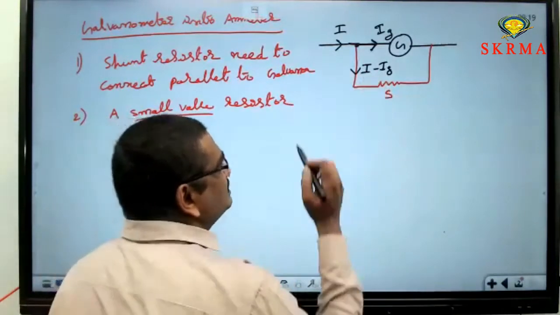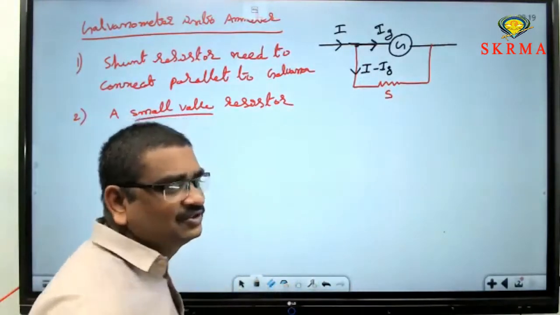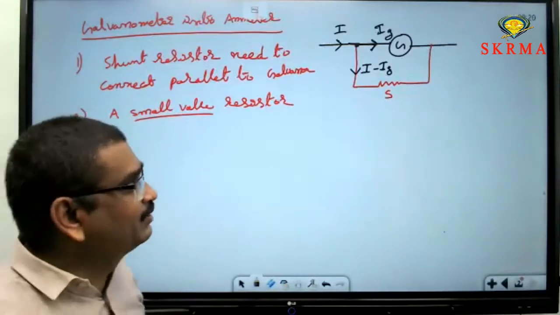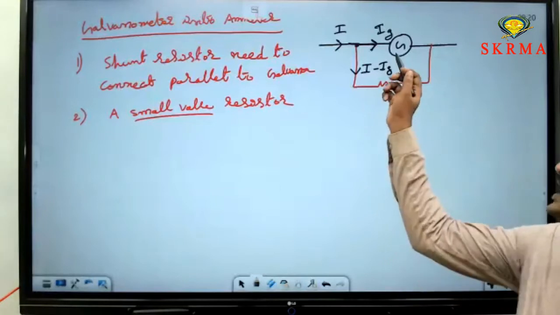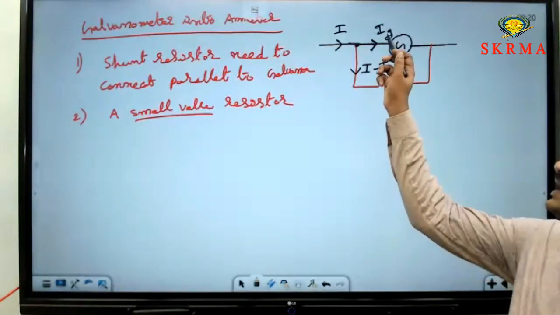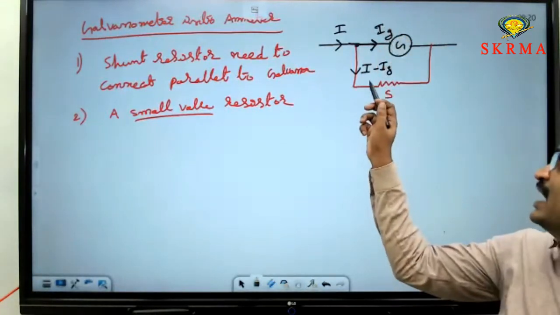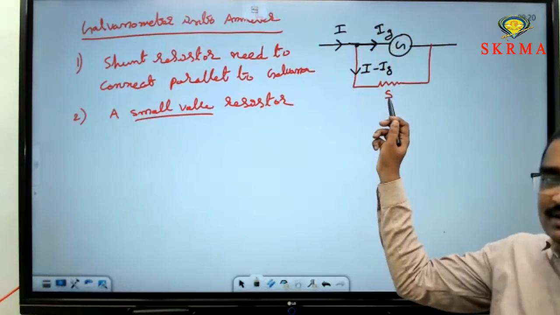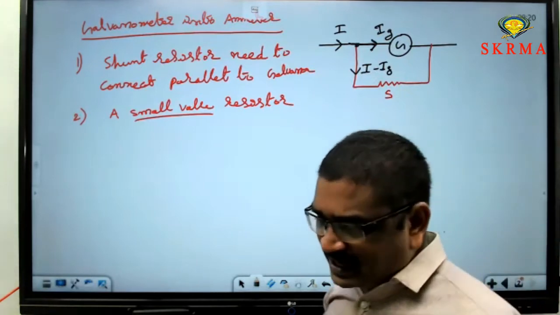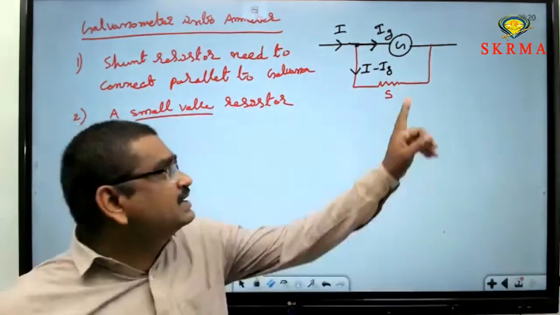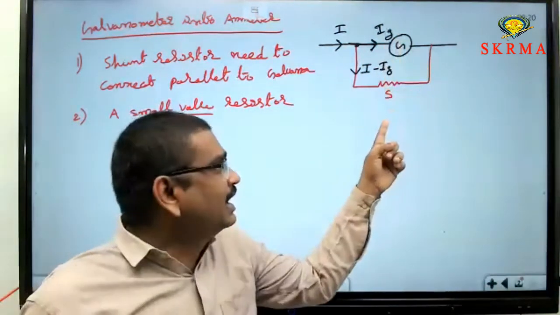I minus Ig is the current that is passing through the shunt resistor. Just go through this once again. The current passing through the galvanometer is Ig. The current passing through the shunt resistor is I minus Ig.